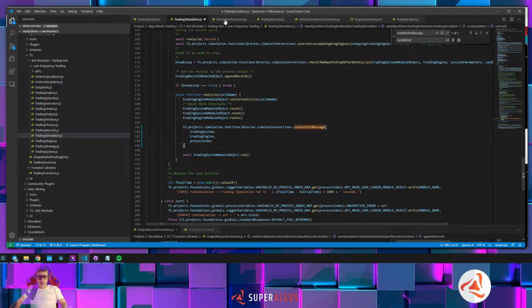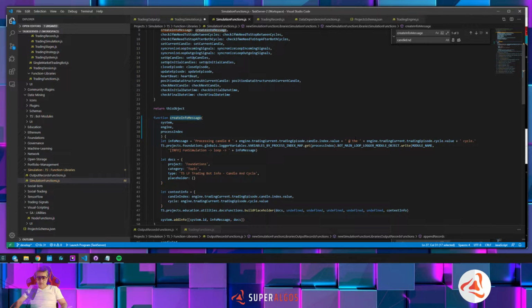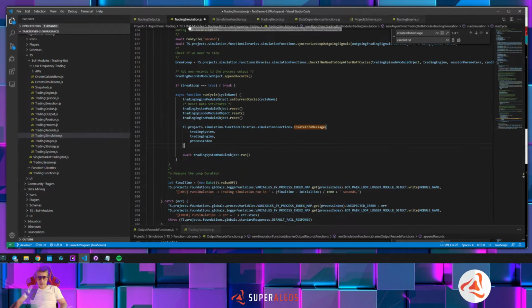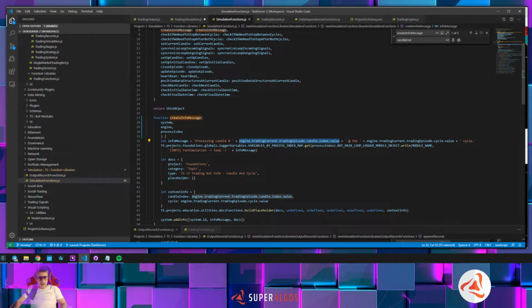Okay, what this guy really needs is, instead of the engine, send me this. That is a candle index. Candle index. Okay, candle index.